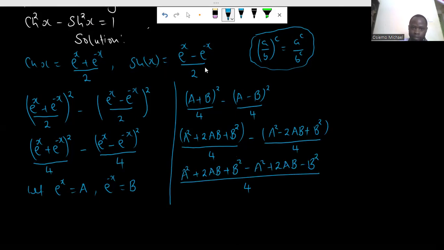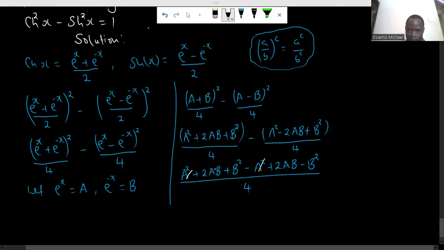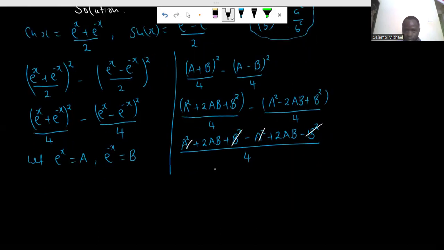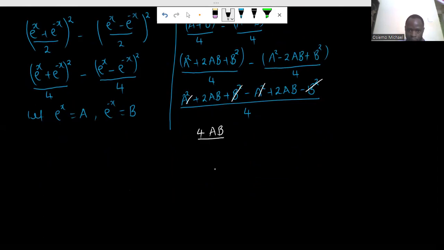With that, you can put the terms together. The a squared and the a squared will go, the b squared and the b squared will go. So we are going to remain with 2ab plus 2ab, which is 4ab over 4. The 4 and the 4 will go, so I remain with ab.